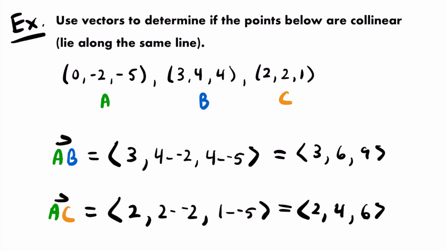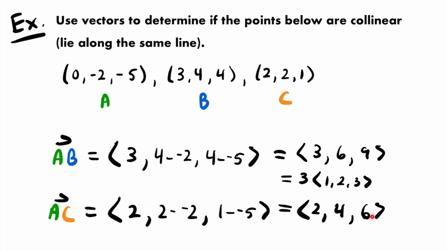And now upon first glance, it doesn't look like these vectors are the same, right? They don't look like scalar multiples, but watch what happens if we pull out some common factors. Notice that for vector AB, each of these components are divisible by 3, and so if we pull that 3 out, this would be equal to 3 times 1, 2, 3, right? 3 times 1 is 3, 3 times 2 is 6, 3 times 3 is 9.